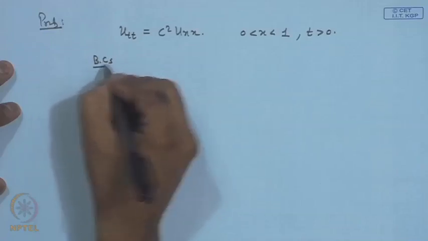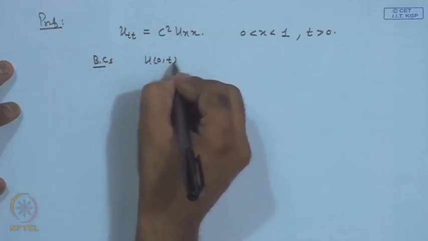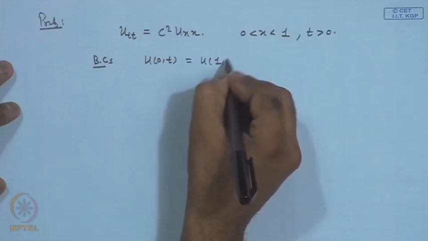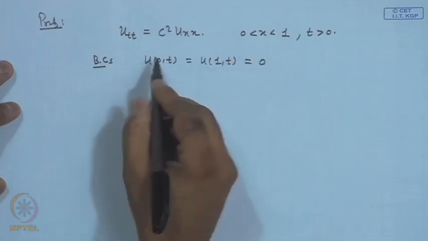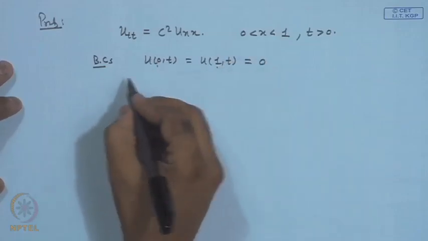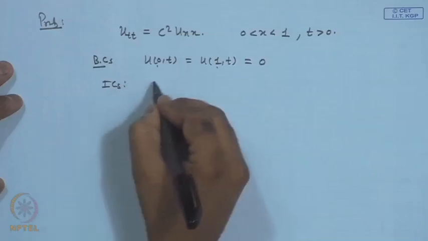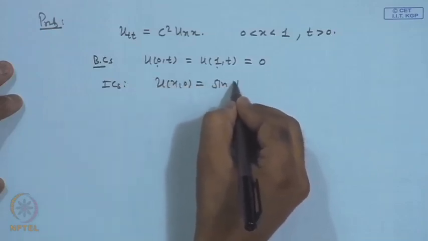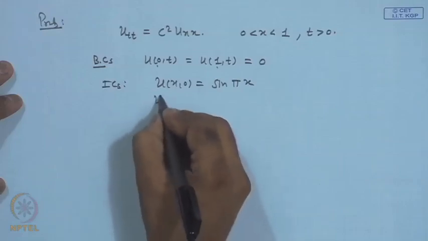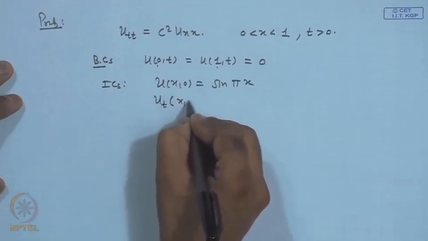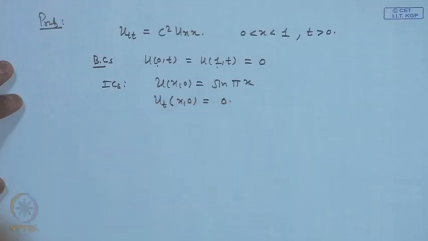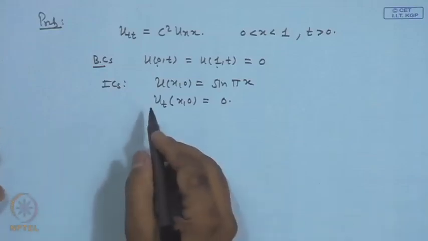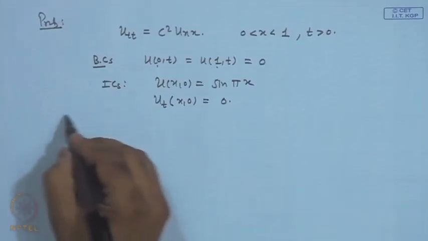The boundary conditions are u(0,t) and u(1,t); at this end and this end it is 0. The initial conditions are u(x,0) is sin pi x, and we have u_t(x,0) is 0. So we take the Laplace transform.